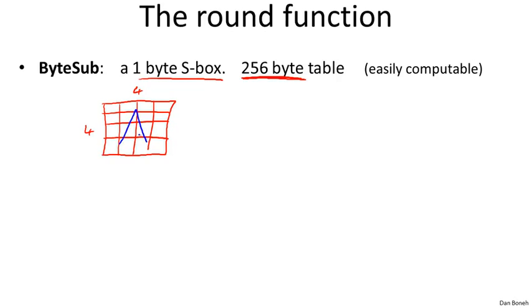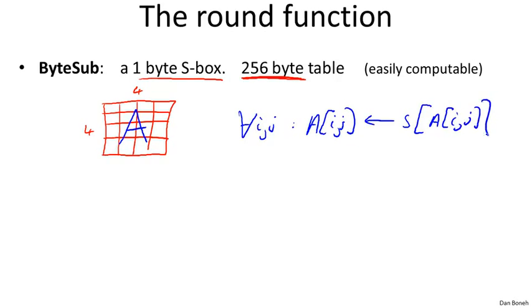Let's call it the A table, and for all 4x4 entries, the next step, A_ij, becomes the S box evaluated at the current entry. So we use the current cell as an index into the lookup table, and the value of the lookup table is what's output. Okay, so that's the first step.